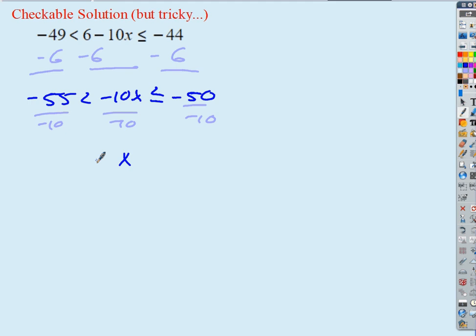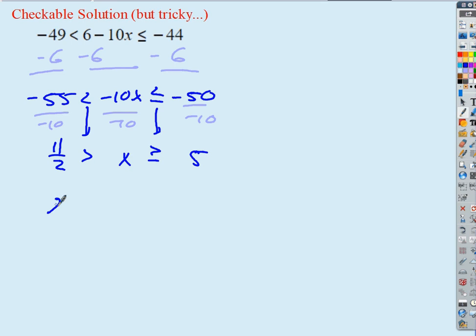What can I reduce that to? 5 goes into both the top and the bottom. So 5 goes into 55, say it again. 11, there you go, I heard 11 halves. And over here, I'm just going to get positive 5. What do I have to do? Gotta flip the signs, don't I? And so that's a little bit of a goofy answer. What would I have to do to that answer? Turn it around, so I get the smaller number on the left.